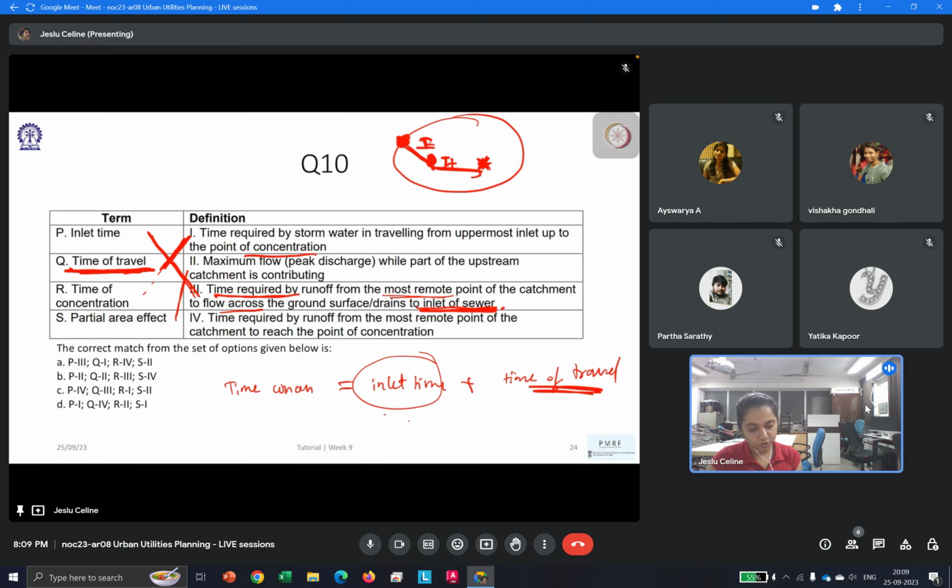And overall, from the uppermost remote point to the point of concentration, the whole thing, is your time of concentration. So which option does that come to? Option A, I suppose. Any doubts in this question? No, ma'am. Okay, let's proceed further.